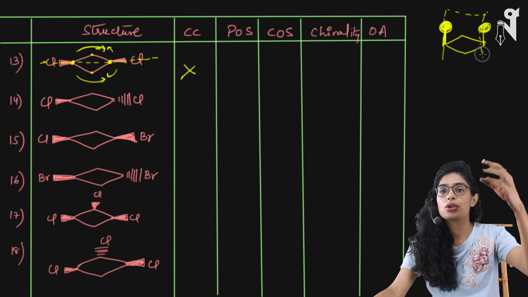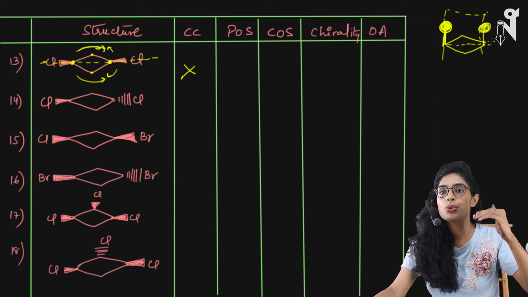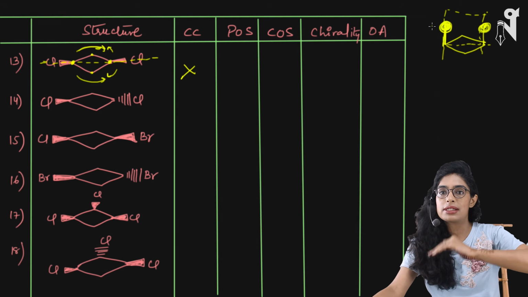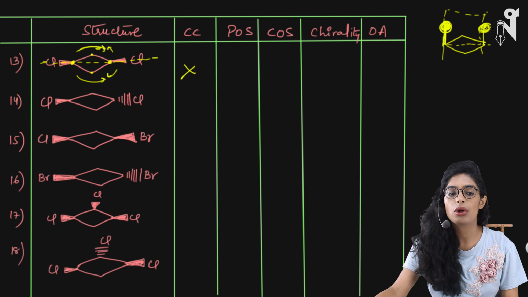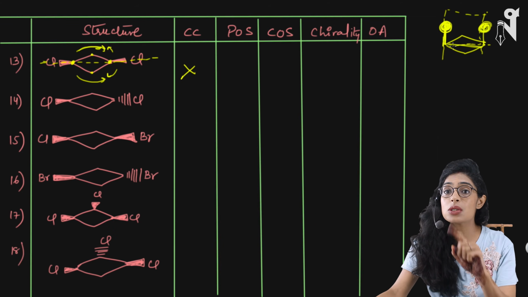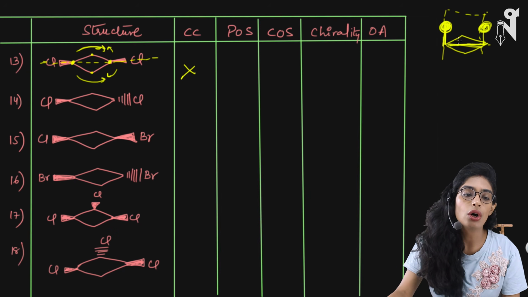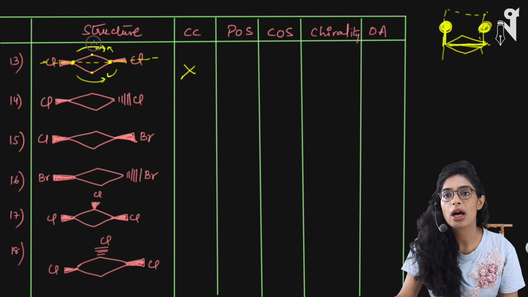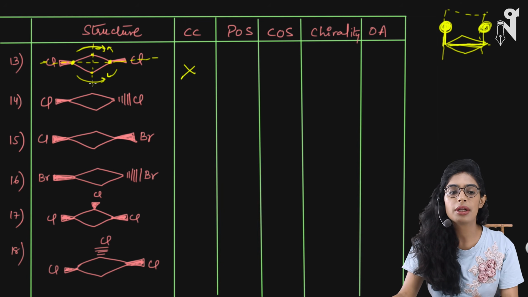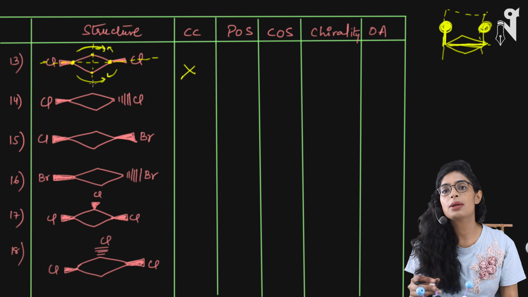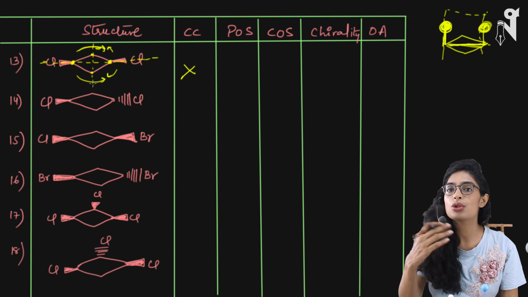So your chlorine balls will get divided into two equal halves, one this side, one that side. This chlorine also will get divided, one this side, one that side, and then half of the molecule will be that side and half of the molecule will be this side. This is one plane through which it can be cut, or you can cut it like this and still you'll get the two equal halves. So there are many ways you can cut it and the plane of symmetry will be there. We just have to see whether plane of symmetry is there or not by cutting through any plane.